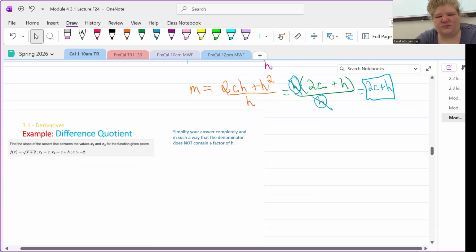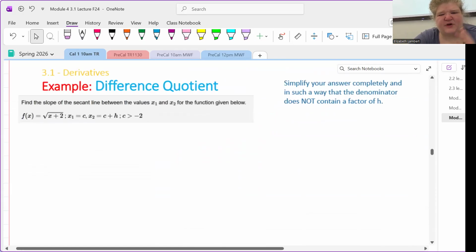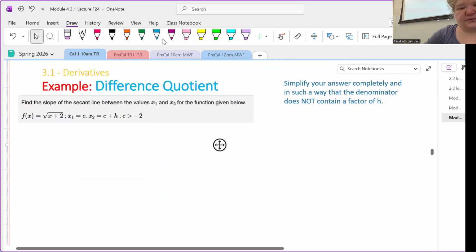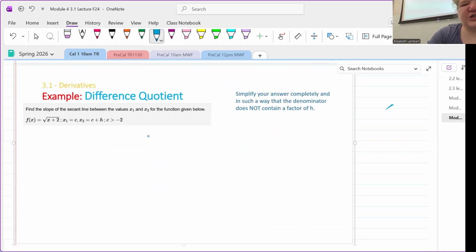All right, so now we're going to do the same thing again, but the function we're working with is a square root one. So this one is going to require some algebra work to simplify it, like even more algebra work. We do have an extra caveat in our setup. They say c has to be greater than -2. And the only reason they're telling us that is because we had a square root function.